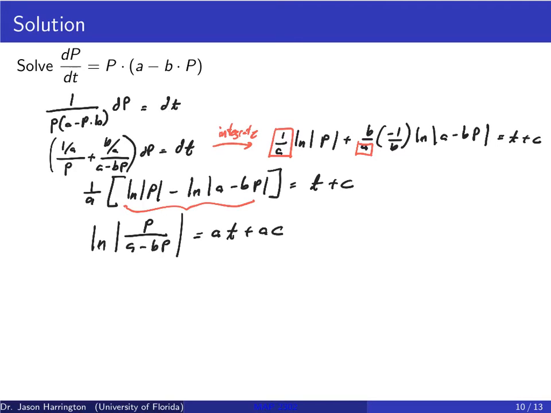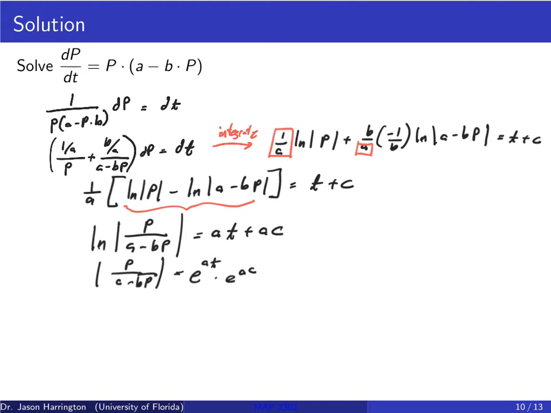Okay, now I'm going to raise both sides to the power of e, so I get P divided by A minus BP, which is equal to e to the AT times e to the AC.